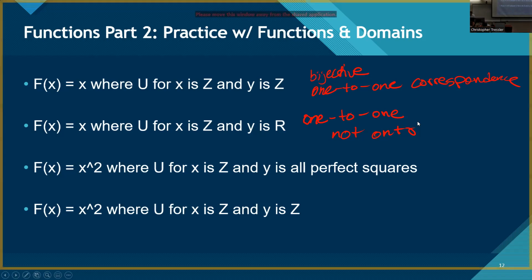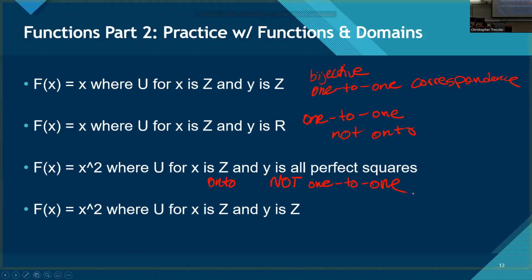So then we have f of x equals x squared, where the universe of discourse for x is the integers, and for y is all perfect squares. What do you guys think about this one? Yes, I heard the answer in the audience. The correct answer is onto, but not one-to-one.